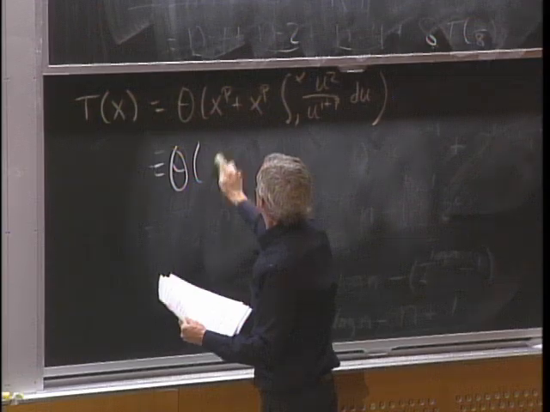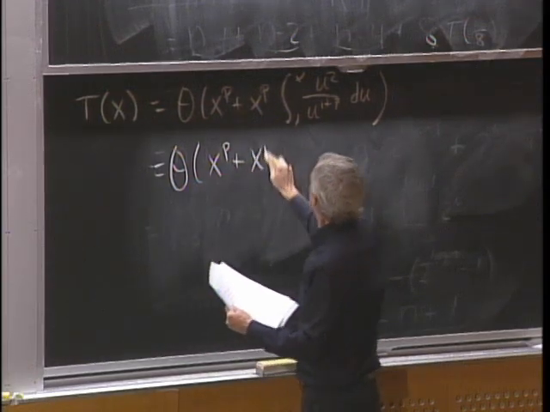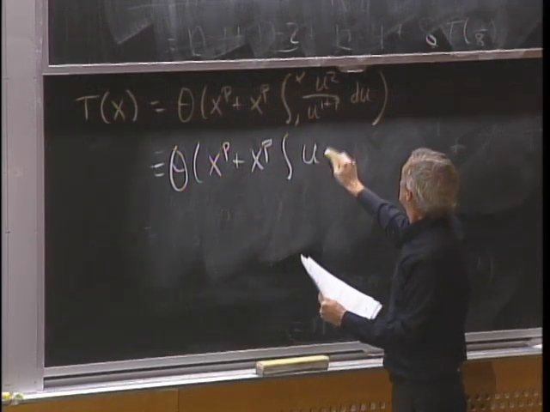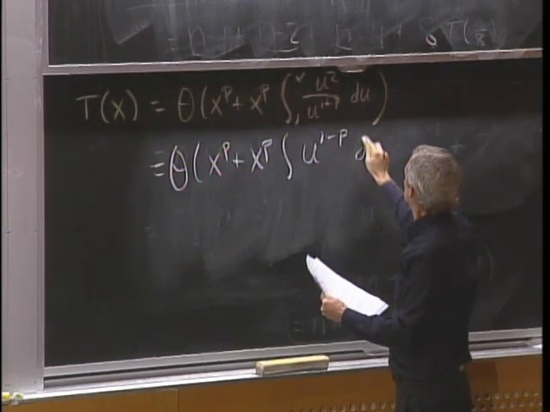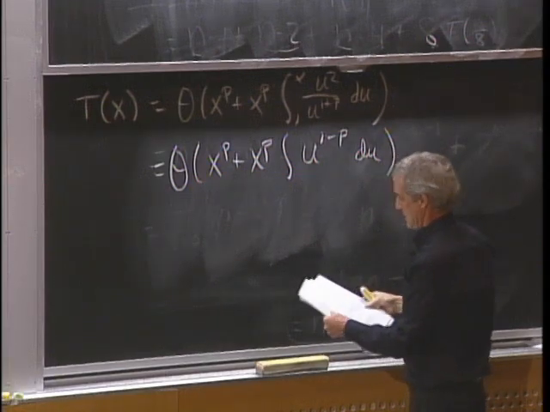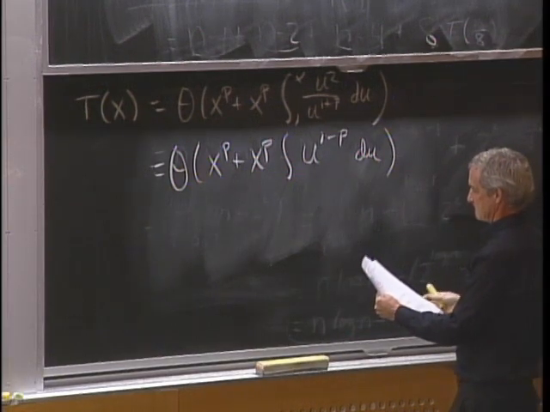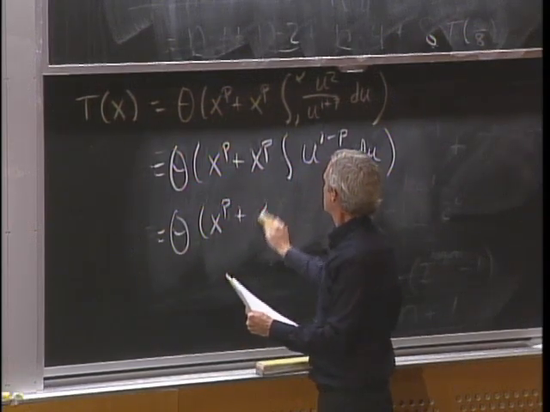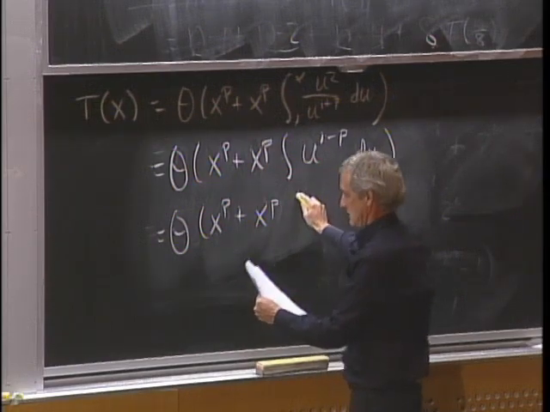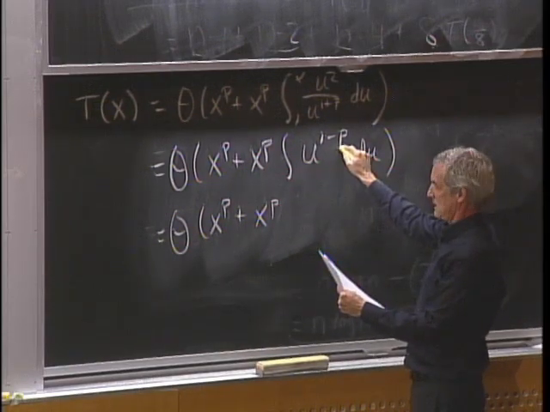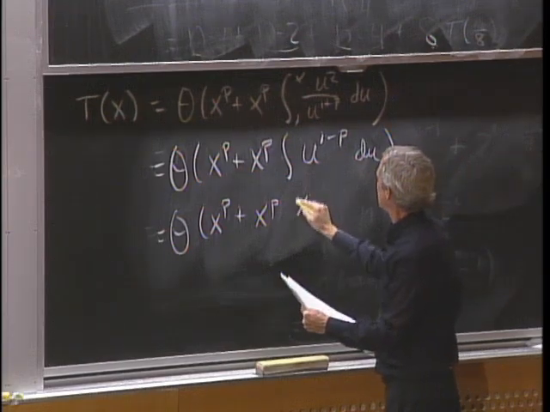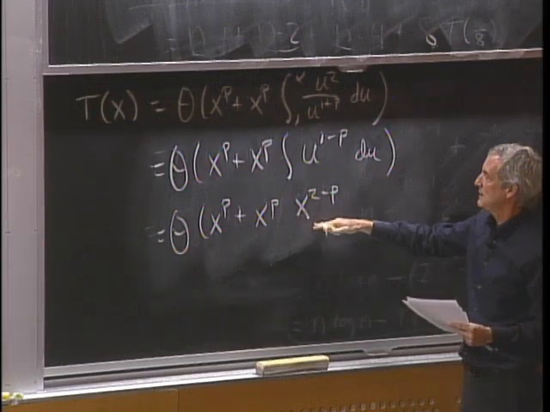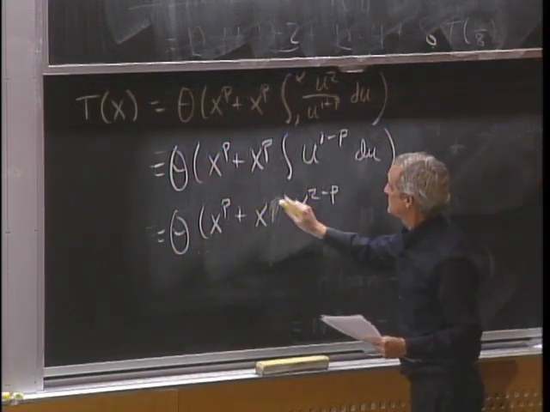That's theta of x to the p plus x to the p times, well, this is now the integral of u to the 1 minus p du. And p is bigger than 1, I know that. This is theta of x to the p plus x to the p. Well, the integral here is x to the 2 minus p, up to constants. I don't even care about dividing by 2 minus p because I've got big theta. Let's put that p up here.